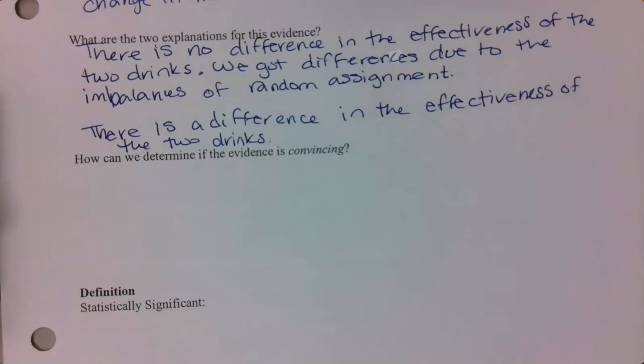Well, either way, because right now I can have two explanations, and if I argue right, you guys will believe me for either one, right? Because the first one where I say there's no difference because 0.4 isn't a big change at all, you guys will believe me. But if I say there is a difference because one's got a positive change and the other's got a negative change, you guys would also believe me if that was the first thing I told you, right? So how can we decide if the evidence is convincing?